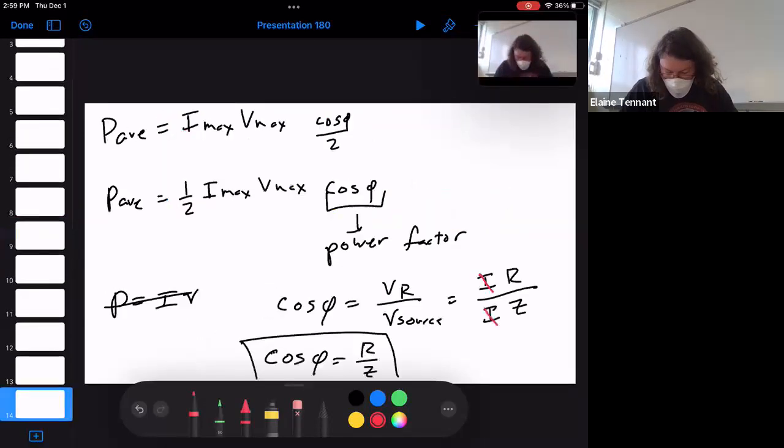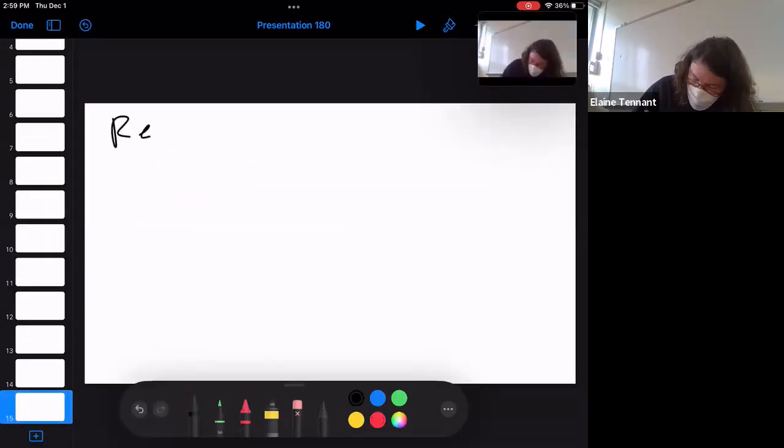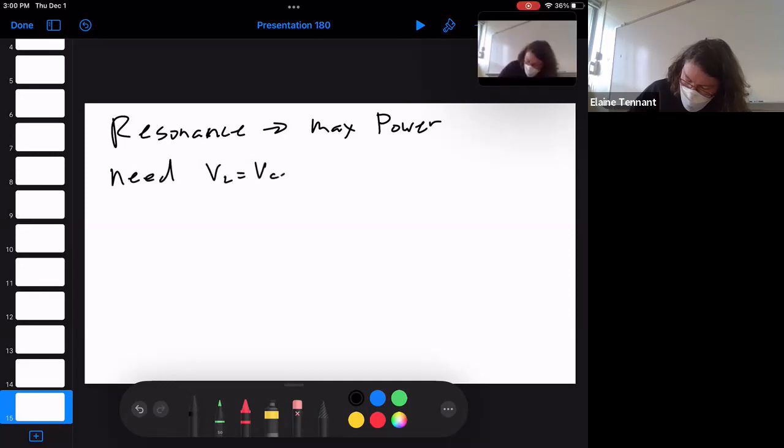Okay, so if I want to hit resonance, what resonance means is that you are at a maximum power, and we're going to talk about resonance some more. You need the voltage of the inductor to equal the voltage of the capacitor.